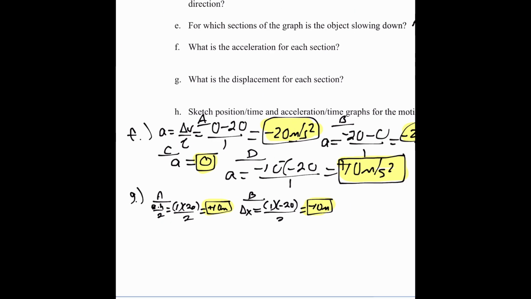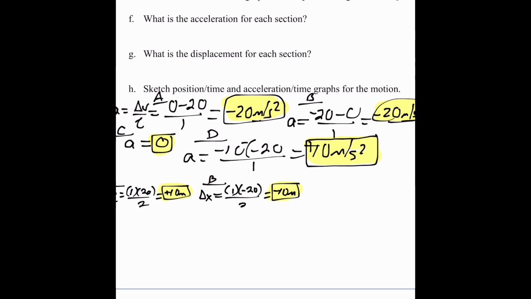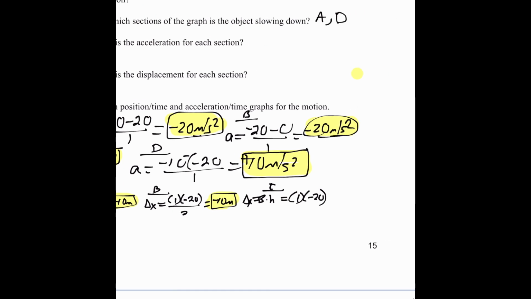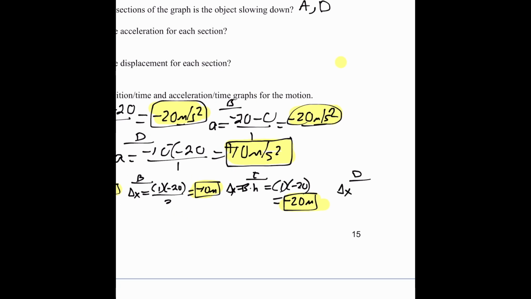Part C is the square. For that one, we're just going to go base times height. So that's going to be 1 times negative 20, equals negative 20. Okay, and then lastly, part D, it's going to be 2 parts.